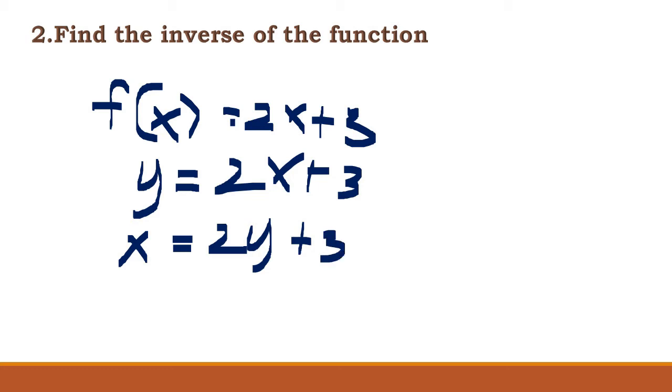Then let us isolate y. 2y plus 3 is equal to x.